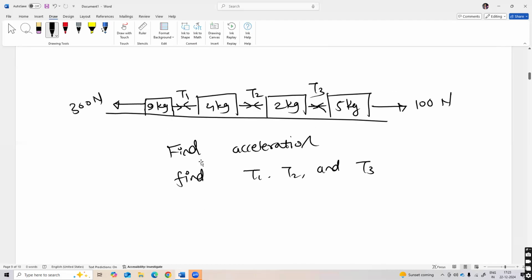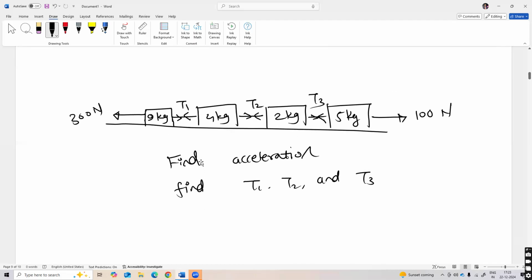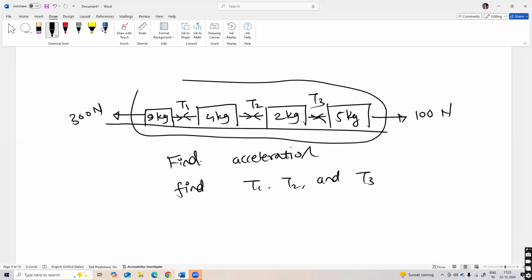Okay. So here, if you see, this is the total system, where all masses are connected with the help of strings. So the total mass, if we find out, will be 9 plus 4 plus 2 plus 5.